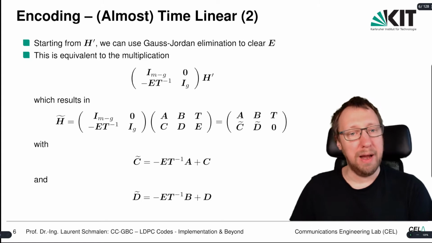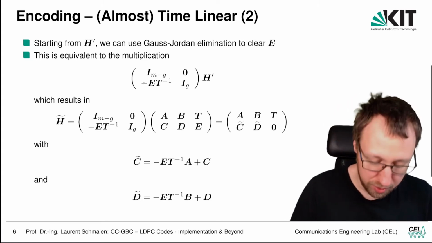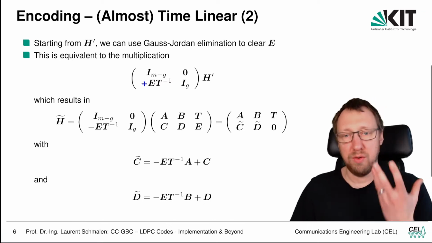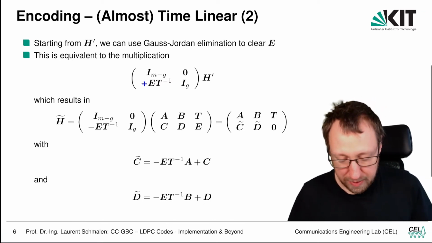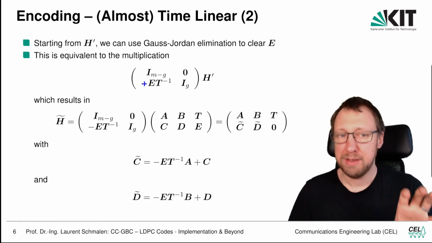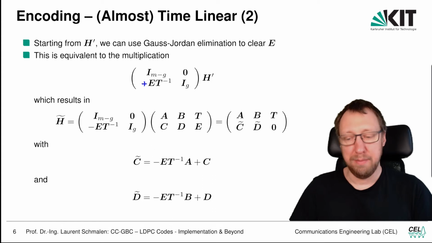Why is there a minus? We are using binary numbers, so we could put a plus. I just put the minus to make it a little more visual. This is the so-called Schur complement, the first matrix that's equivalent to Gauss-Jordan elimination.